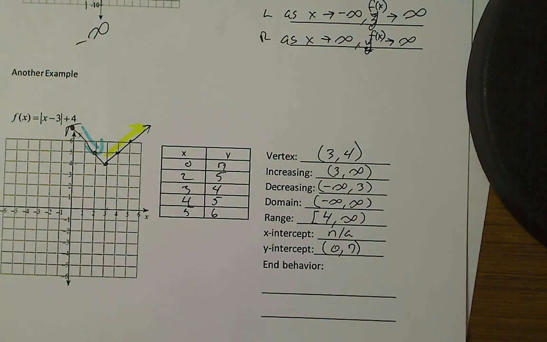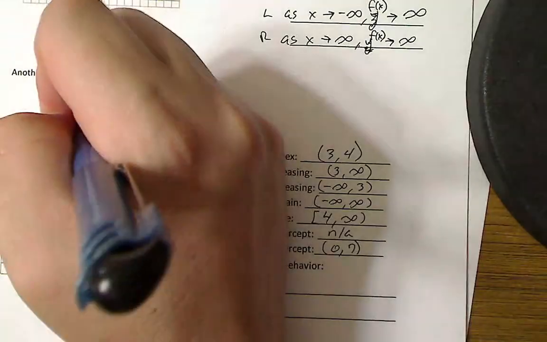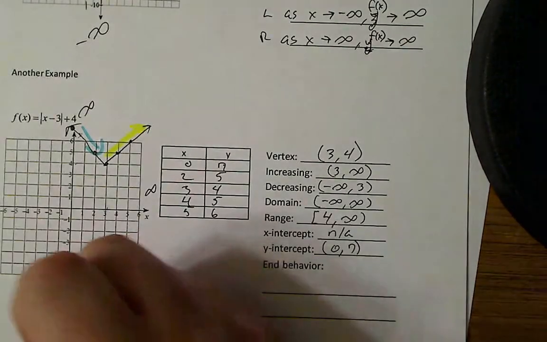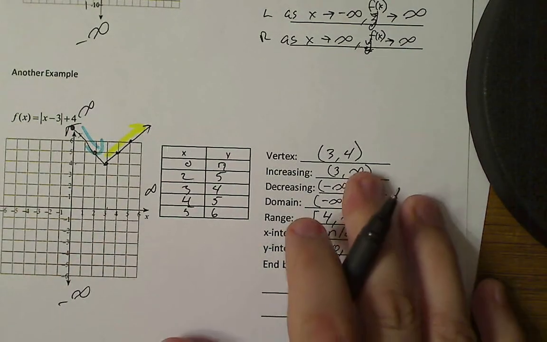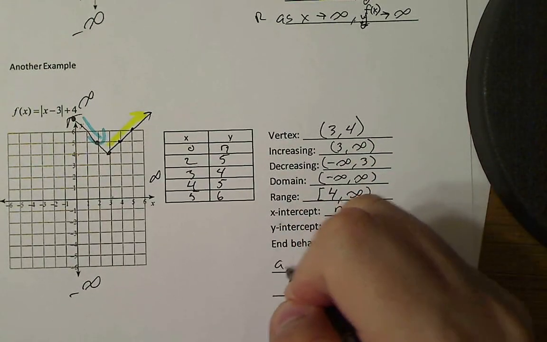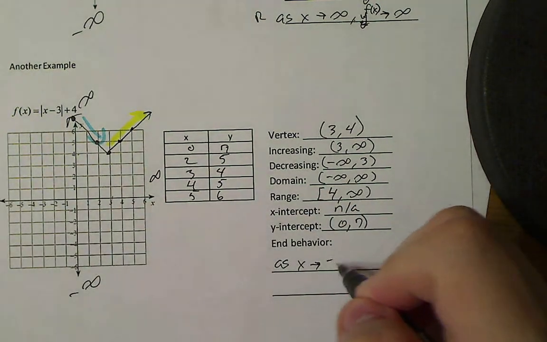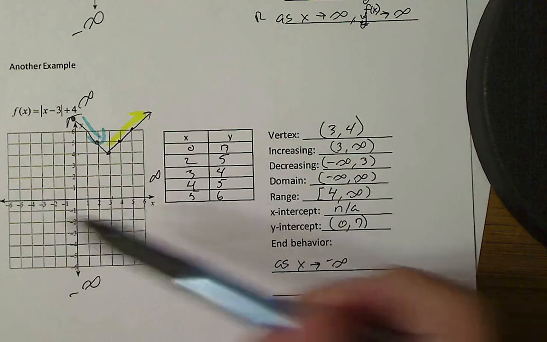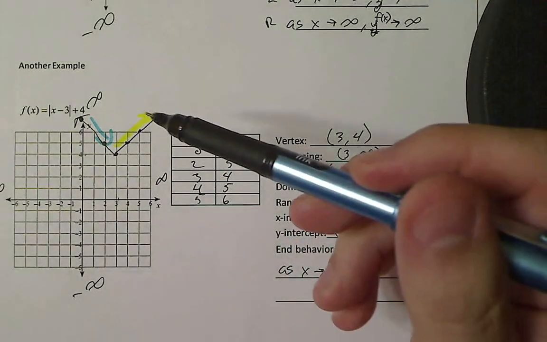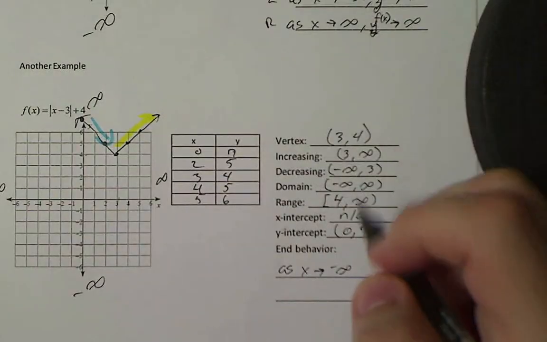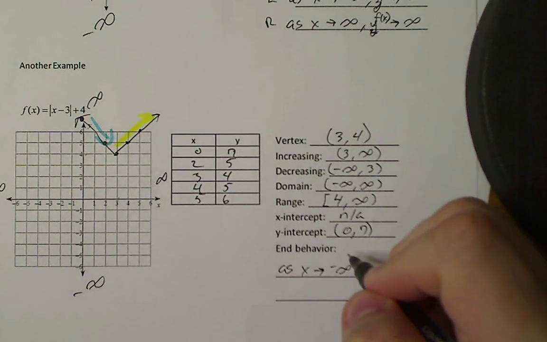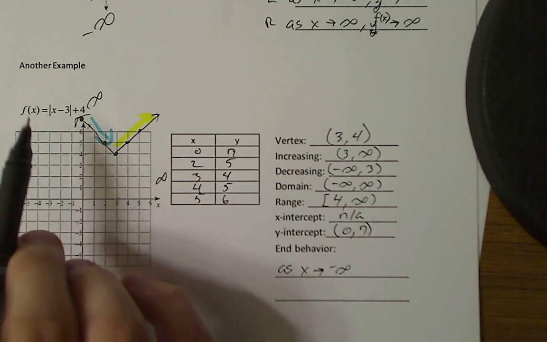Okay. My end behaviors, my two infinities, my negative infinity, my negative infinity. And again, this is where you've got to be very careful. So as my x is approaching negative infinity, in this direction, my y is going up. So my y, or my f of x, well, this is my fault.